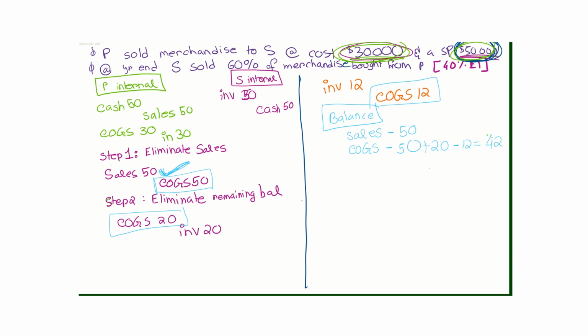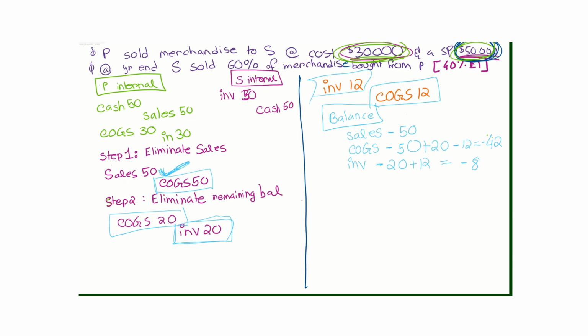And then finally, we credited inventory for 20, but then we debited inventory for 12, leading to a total inventory balance of negative 8. And over here it's negative 42, by the way.